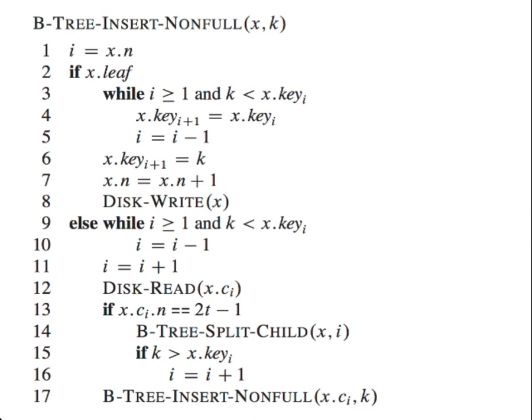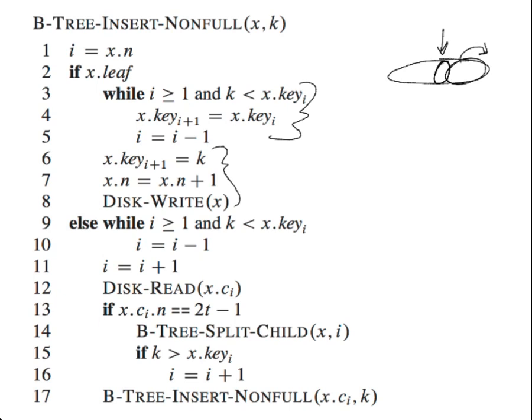So if we have a tree node, we're going to be able to insert a key here. So the first thing we're going to do is suppose this is where the key belongs. We need to take all of the keys after that and move them over. And that's what this is doing here. Then we insert the key itself and we write to disk.